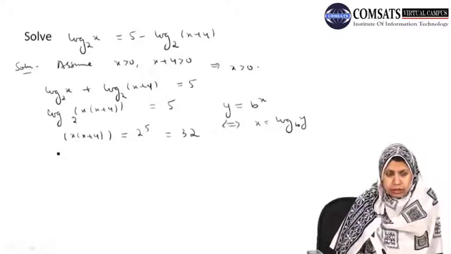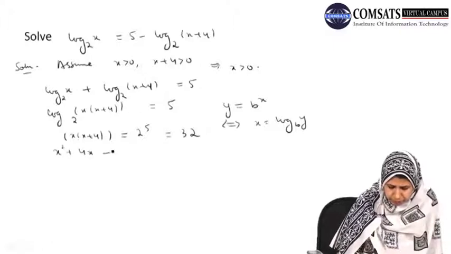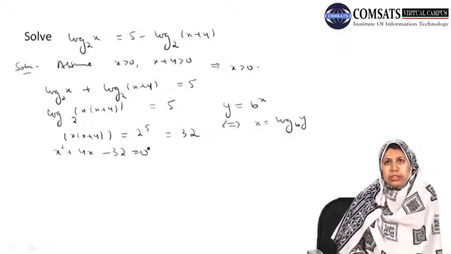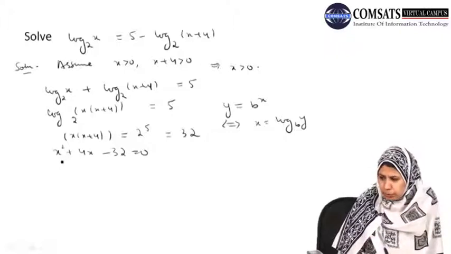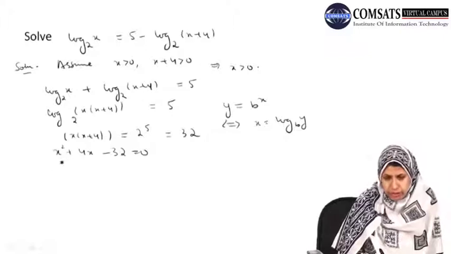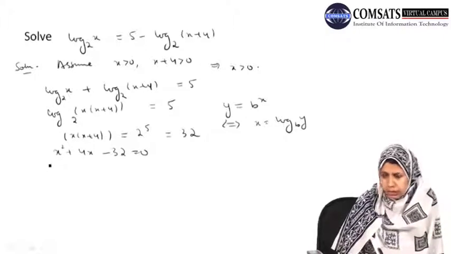Now we will solve the left hand side, which is x square plus 4x minus 32 is equal to 0. This is a quadratic equation or second degree equation in one variable, so we will use the factors, or we can also use the quadratic formula to solve this equation.